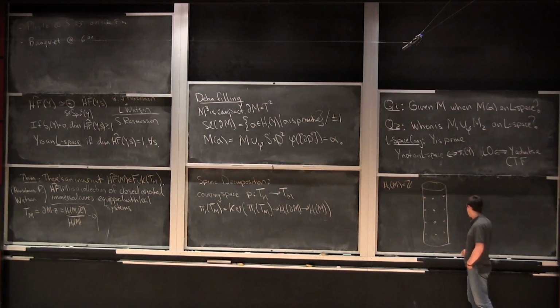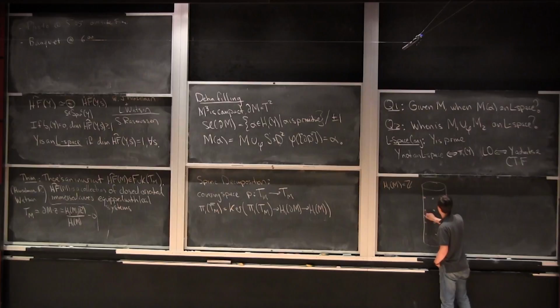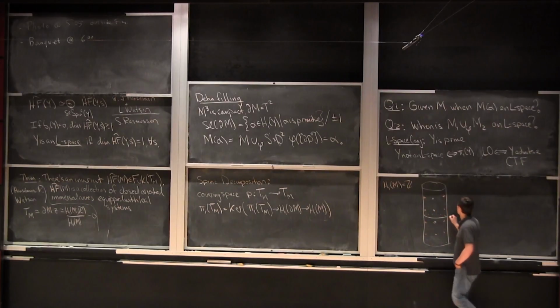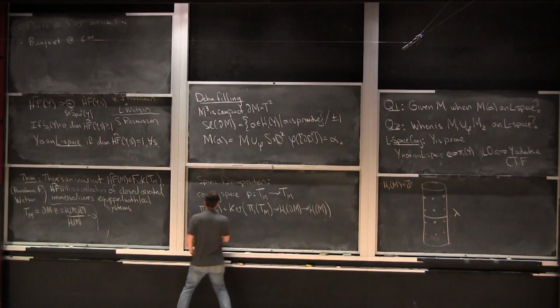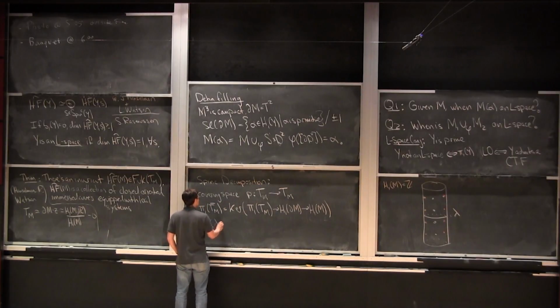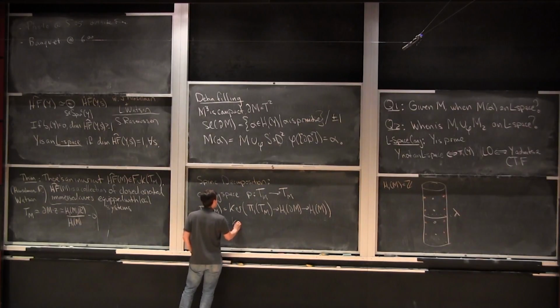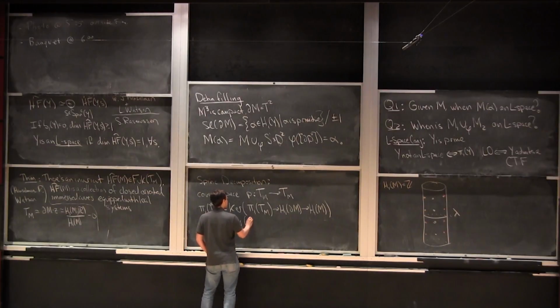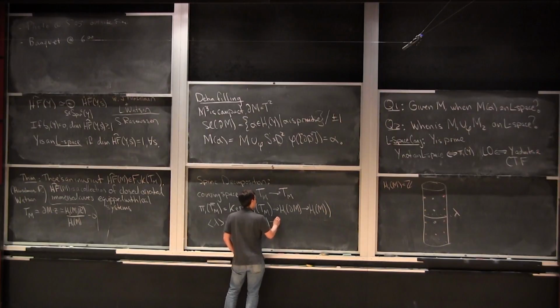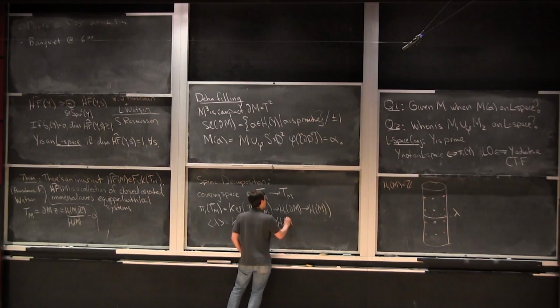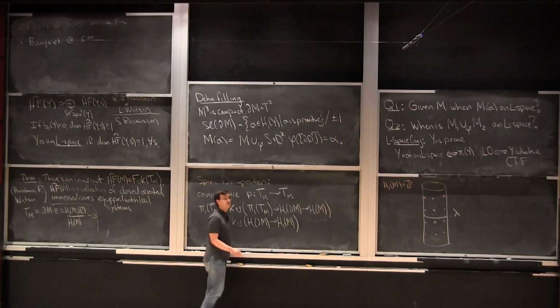But it's always a cylinder. And if I forget about the punctures, pi_1 of this cylinder is just generated by this single curve here. Let's call this lambda. Lambda is the so-called homological longitude. So lambda generates the kernel of the map from H_1 of the boundary of M into H_1 of M.